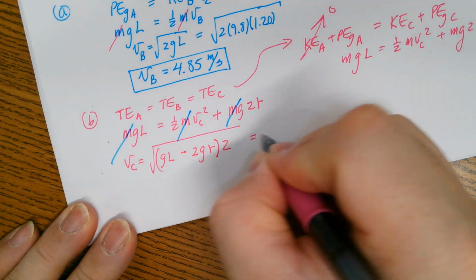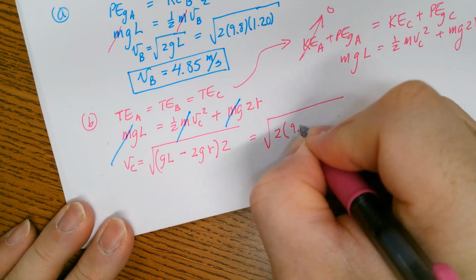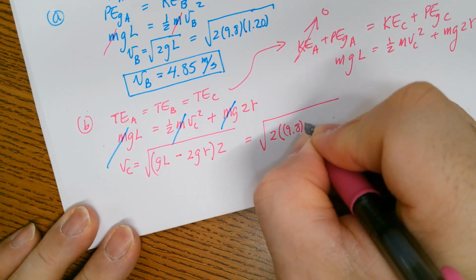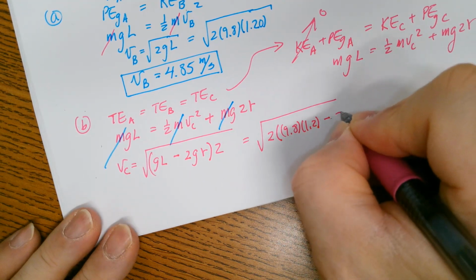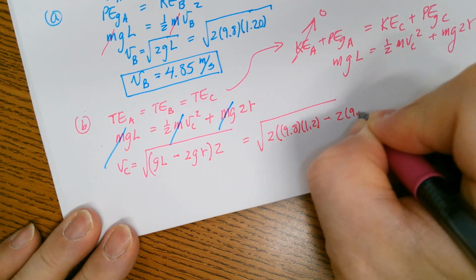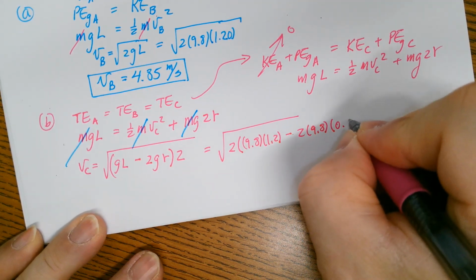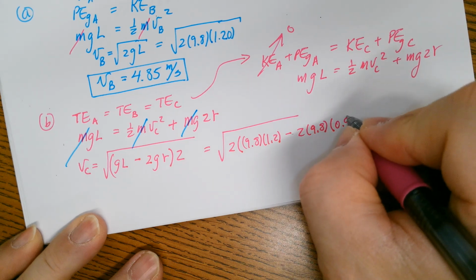So that is equal to the square root of 2 times 9.8 times 1.2 minus 2 times 9.8 times 0.9. Oh, sorry, no, 0.45.